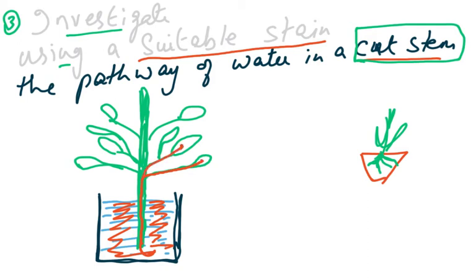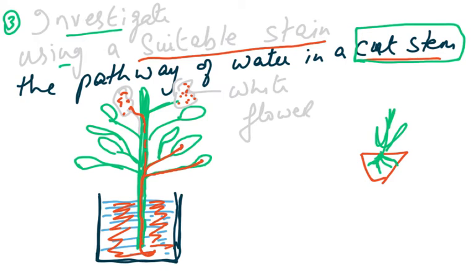Now, preferably this should have white flowers. Why should it have white flowers? Because the white flowers would help us to decide, as we can see the dye inside the white flowers, and the white flowers will turn red because the dye will have reached them.